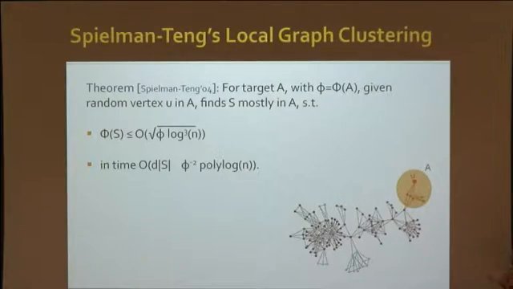For any target set A, if we are given a random vertex u inside A, then the algorithm will find a set S mostly in A with the following guarantees. The expansion of S is at most square root of phi log cubed n, and the running time is order of the size of the output times 1 over phi squared poly log n.